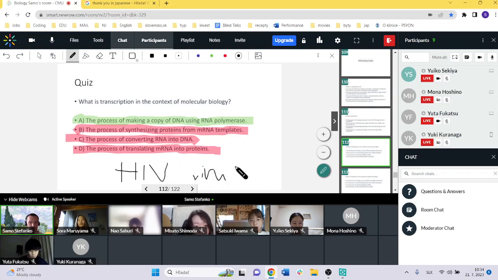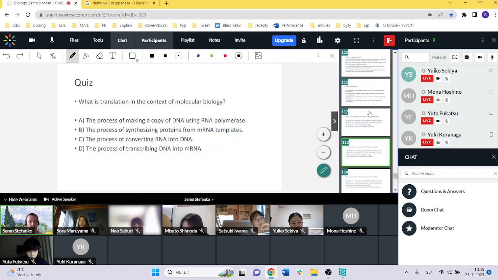HIV attaches to your cells and it has an RNA inside of it, and it can then transcribe and produce DNA which will get into your DNA, and this is the way this virus infects the bodies of humans via reverse transcription. It's a very clinical thing from a higher level of medicine studies. Nevertheless, this is not translation, something different.